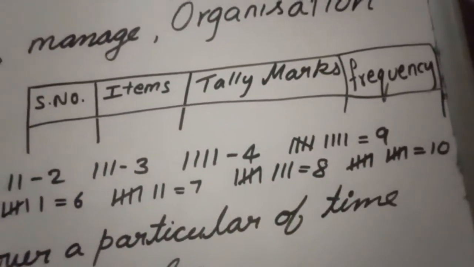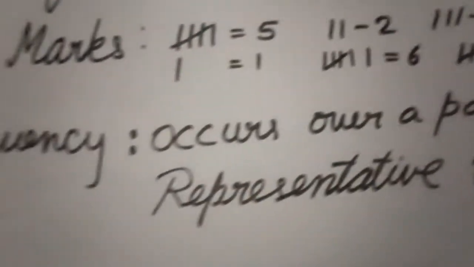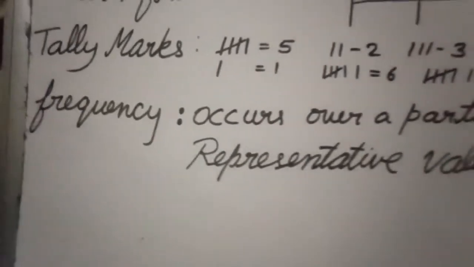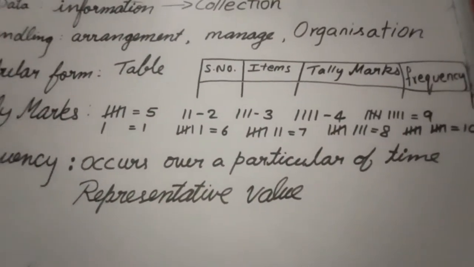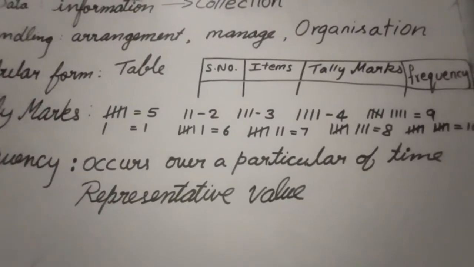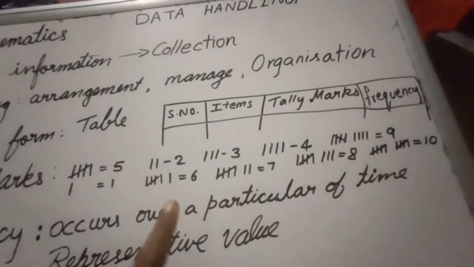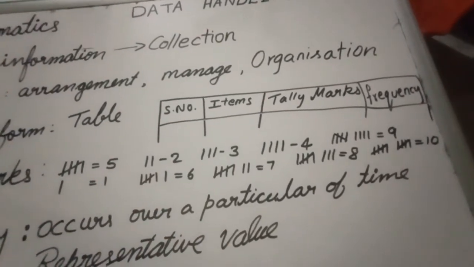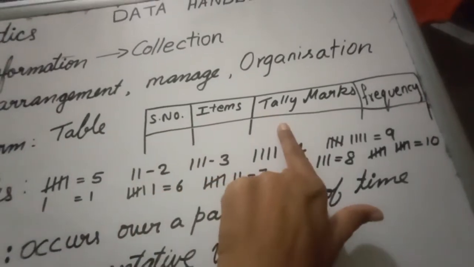The next word, hope it is new for you, frequency. Frequency, in the sense, occurs over a particular period of time. How many times it is repeated, that is called frequency. We use tally marks for what? To show how many times the mark or the item has repeated. So we use tally marks here.